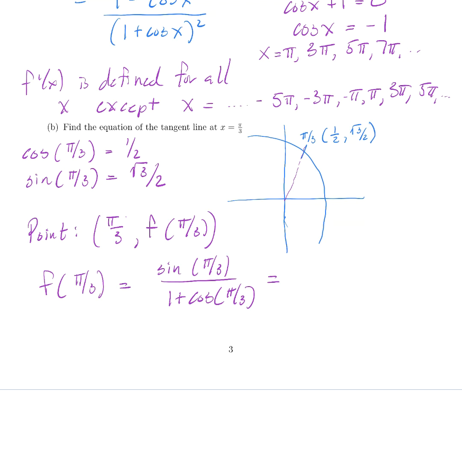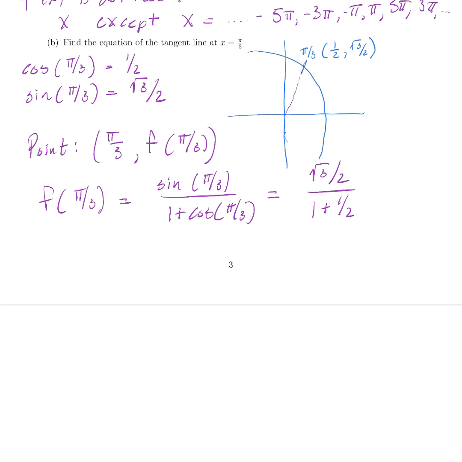Now we use those values we just decided. Sine of pi over 3 is square root of 3 over 2. Cosine of pi over 3 is 1/2. So let's see, we can simplify this a little bit. That's square root of 3 over 2 over 3/2, which simplifies to root 3 over 3. So there's our point. Pi over 3 is the x coordinate of our point, and the y coordinate of our point is root 3 over 3.